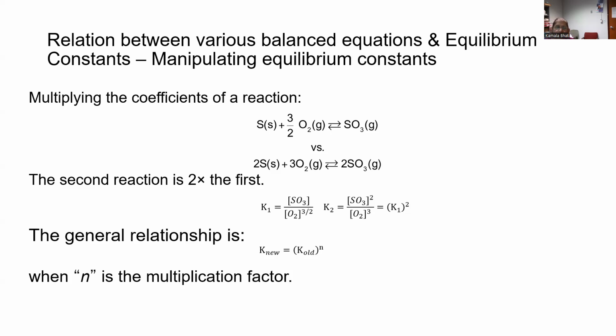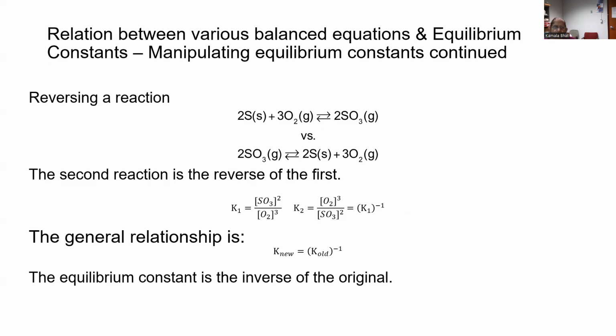And you get a new equation, 2S plus 3O2 gives you 2SO3. If you compare the old equation with the new equation, all you're doing is multiplying by 2. And therefore, the general relationship is K new is equal to the equilibrium constant for the old reaction raised to the power n, which is the multiplying factor.